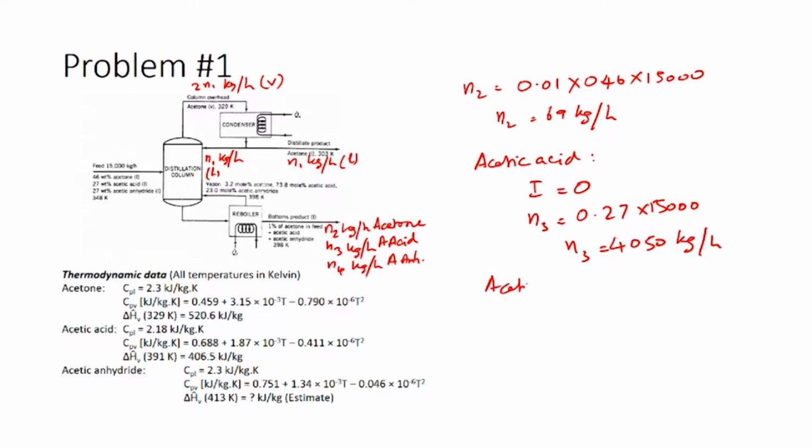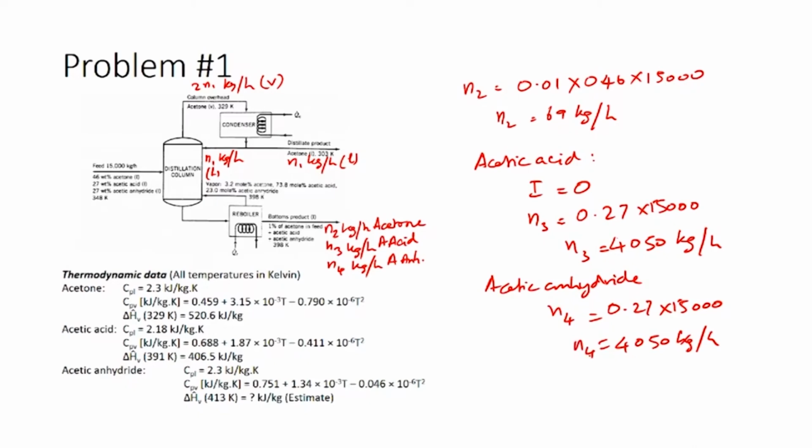Similarly, writing an acetic anhydride balance, we would be able to calculate N4, which is 0.27 times 15,000 equal to 4050 kilograms per hour.